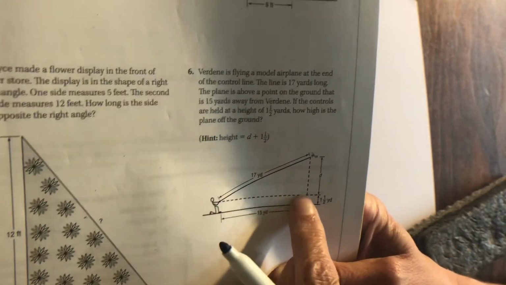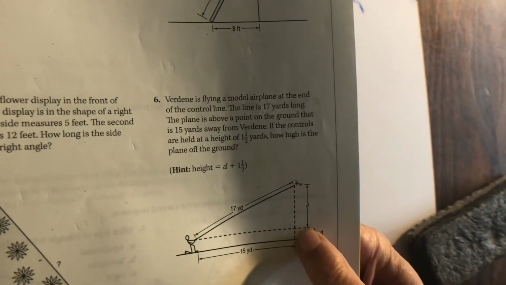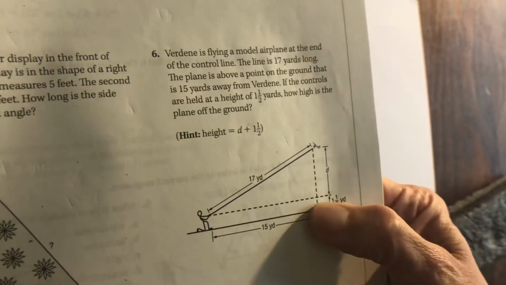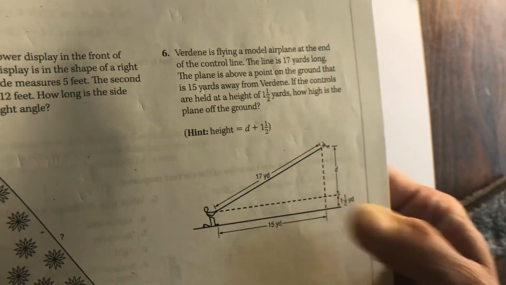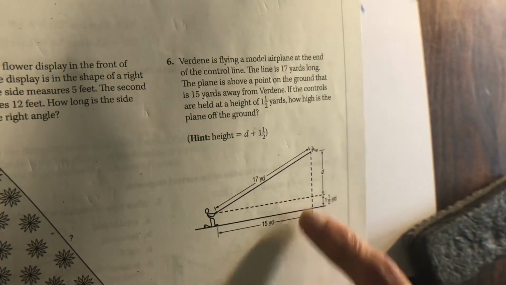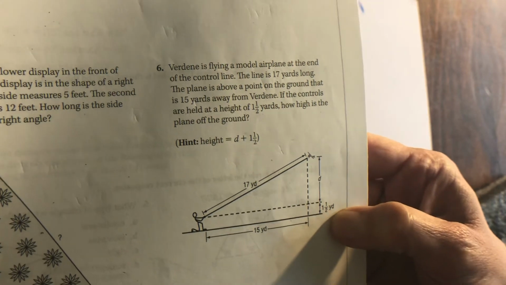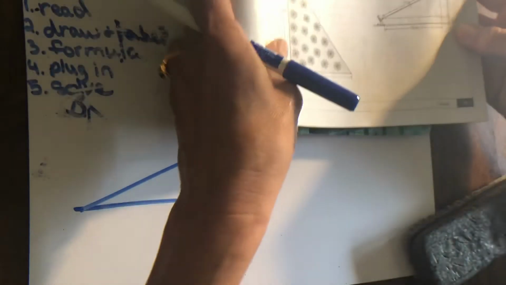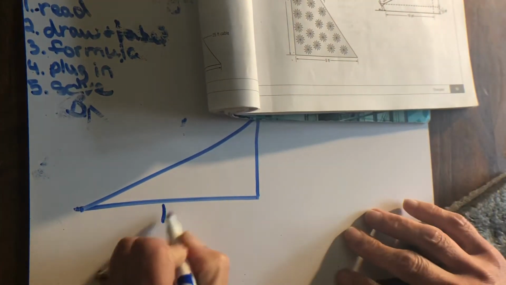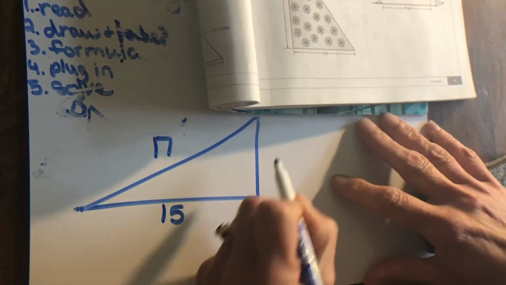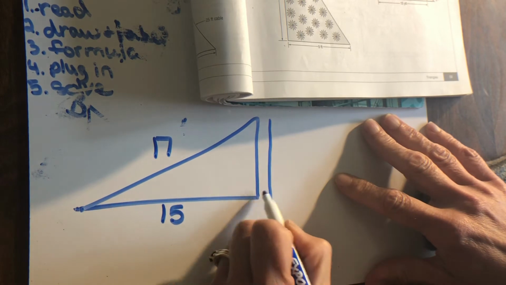I'm going to look at the dotted line for my right triangle, because if you can see, when I'm looking for D, it's just the leg of a triangle. If this is 15, that's 15. That 1.5, we can address at the end of the problem. So we've got 15 at the bottom of our triangle. We've got 17 here, and this is what they're calling D right here.